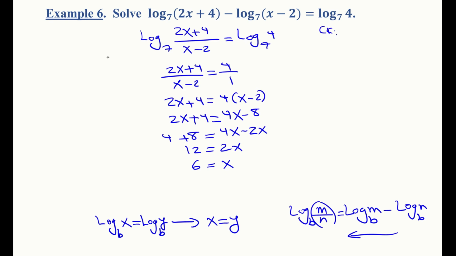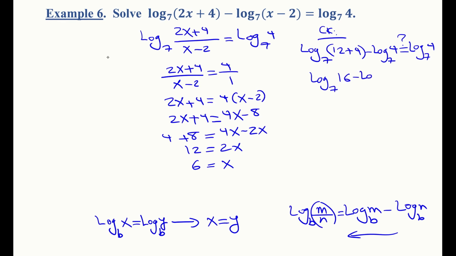So we check it. We have log base 7 of (2 times 6, which is 12, plus 4), minus log base 7 of (6 minus 2, which is 4). We want to know if that's equal to log base 7 of 4. So here we have log base 7 of 16 minus log base 7 of 4, and we want to know if that's the same as log base 7 of 4.